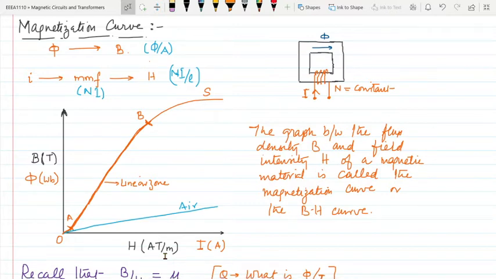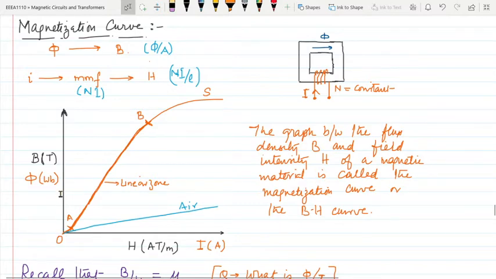And a similar curve we will achieve if we plot it between the flux, which is in Weber, and the current. Of which current am I talking about? The current that is flowing through this coil. If we increase the current, of course, the flux will increase. And this is the more practical thing, right? Because the flux is of course observable and the current is also an observable thing.